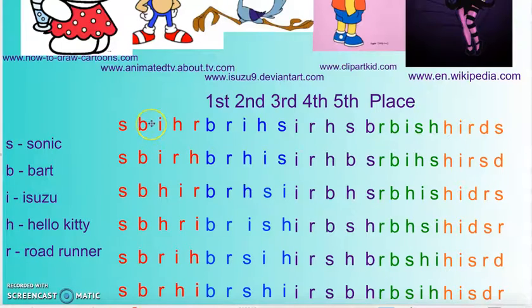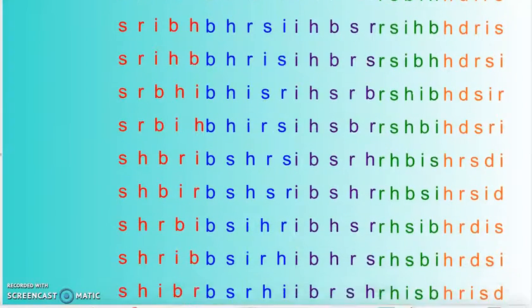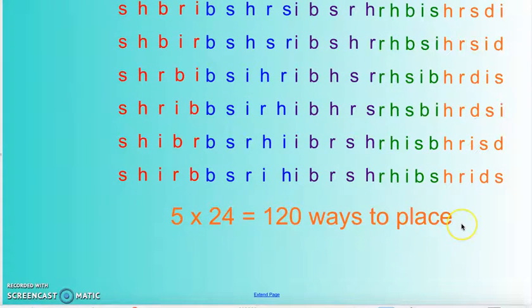So 24 different ways for Sonic to be first, 24 for Bart, Isuzu, Roadrunner, and then Hello Kitty. So if I take 5 characters times 24 different ways, I found 120 different ways to place the characters.